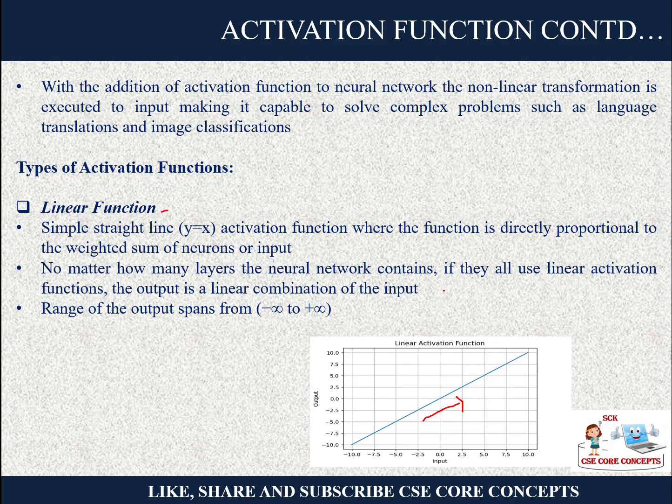In this case, as I have discussed, no matter how many layers you take in the neural network model, the output will be a linear function, and the range will be from minus infinity to plus infinity, which we do not want.